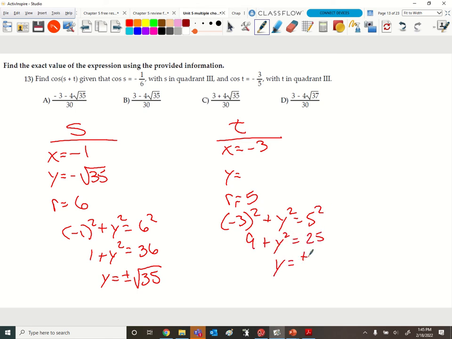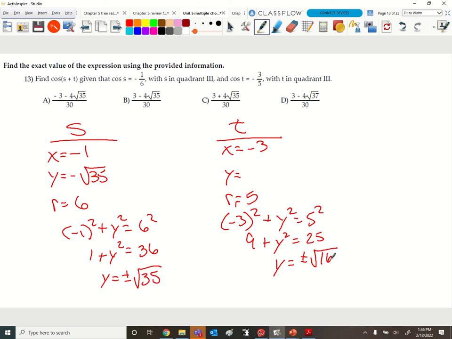Y equals plus or minus the square root of, what do we get, 16? 25 minus 9, 16? Yes? Okay, good. Now what is square root of 16? 4. And it says that T is in quadrant 3. So what do we know about the Y value in quadrant 3?